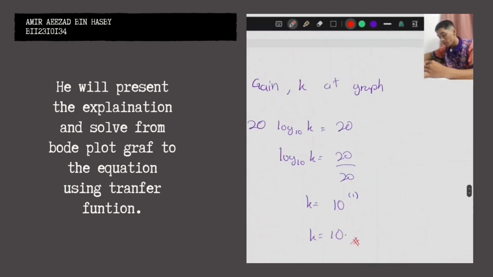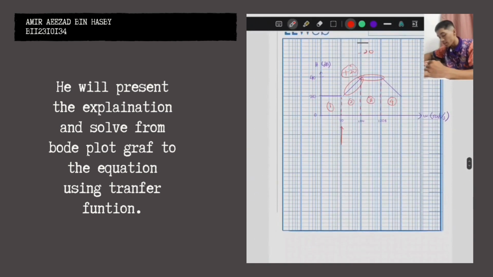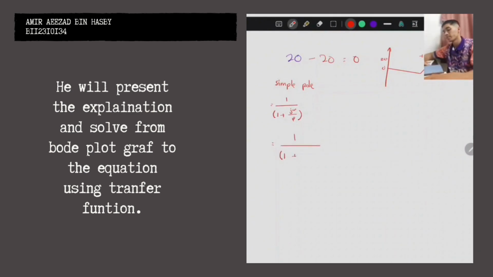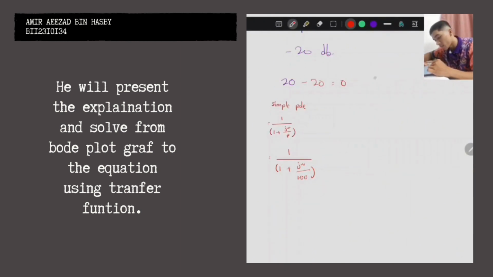Here you can see that it starts to change its course from increasing to horizontal at the value of 100. Therefore, we substitute P with 100. So the graph based on the transfer function looks like this, at 100.